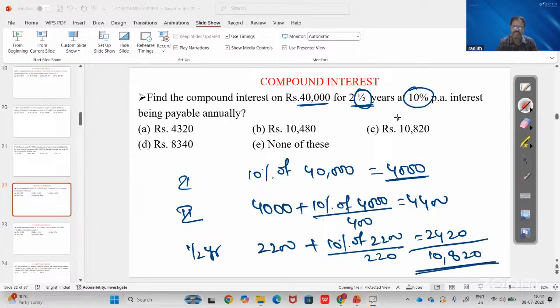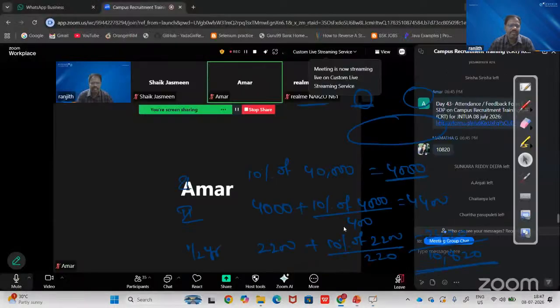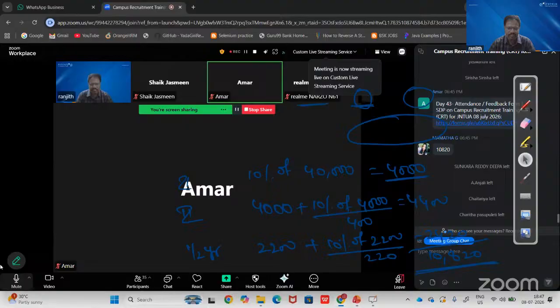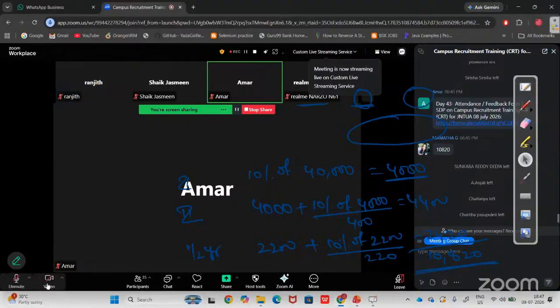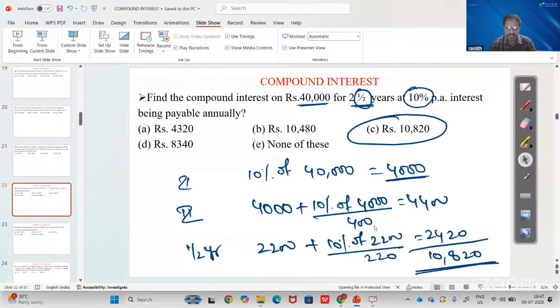So the answer will be equal to 10,820. Ratio method also we can find out, but the multiplications and the squares will be complicated. This way, it will be easy only. Next.